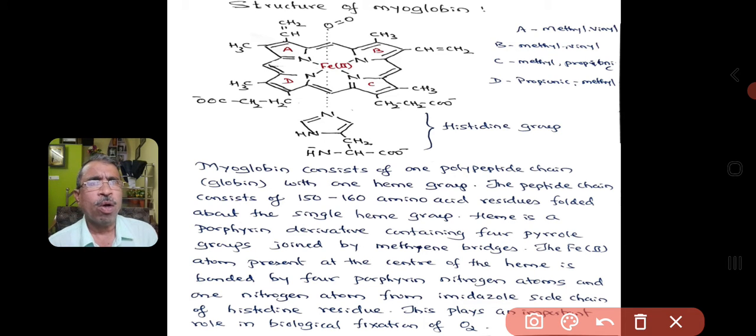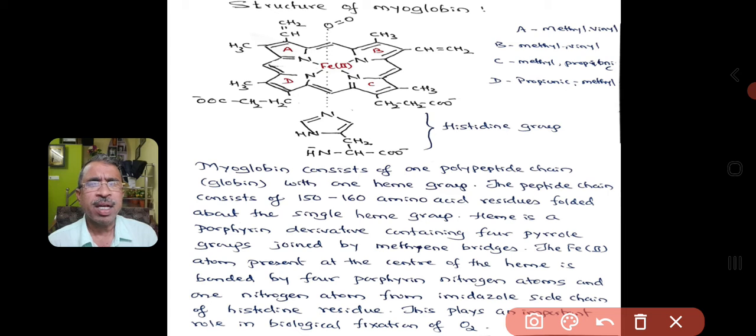Myoglobin consists of one polypeptide chain, that is globin, with one heme group. The peptide chain consists of 150 to 160 amino acid residues folded about the single heme group. Heme is a porphyrin derivative containing 4 pyrrole groups joined by methane bridges.